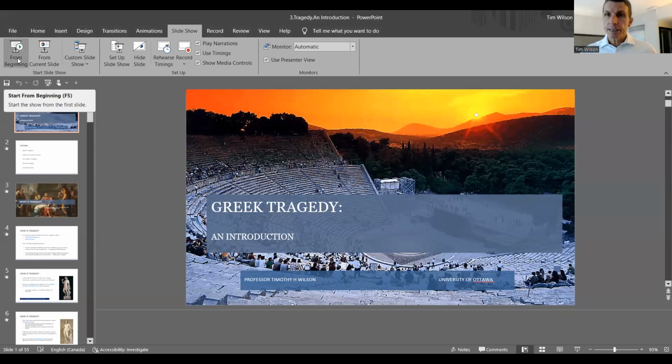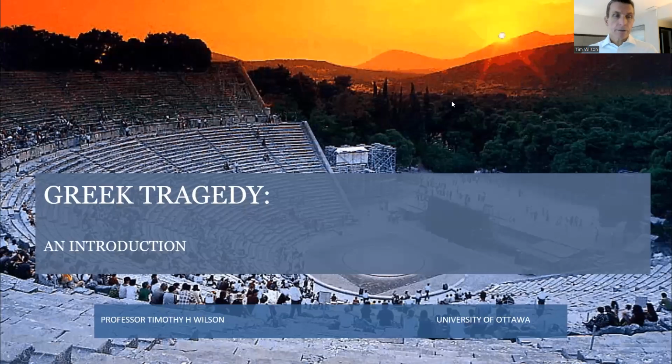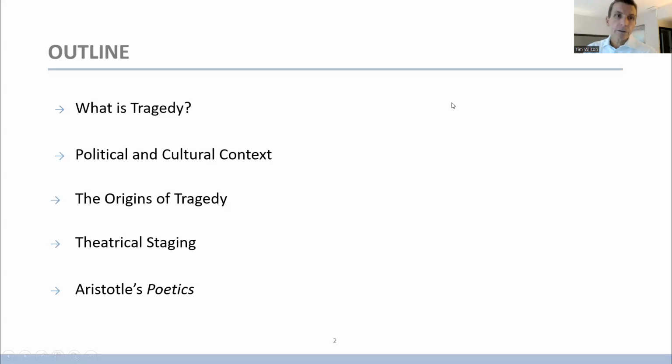And you can see that we'll talk today about what is tragedy. We'll start with a definition of tragedy in the Greek tragic sense of the word. We'll talk about the political and cultural context of 6th and 5th century Athens, which is important for understanding what's going on with tragedy. We'll talk a bit about the origins of tragedy, the ritual.